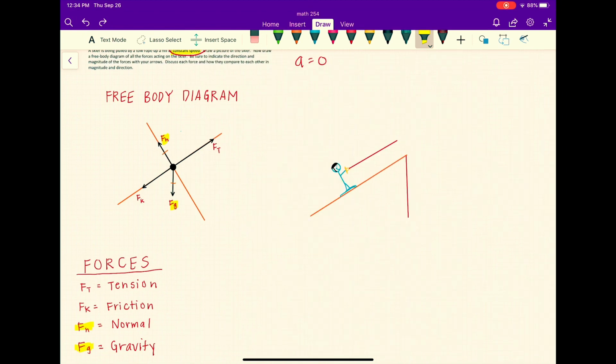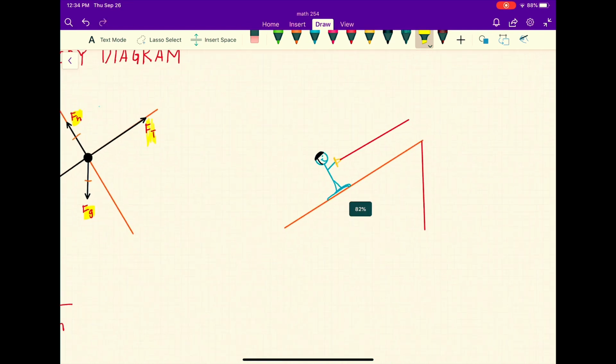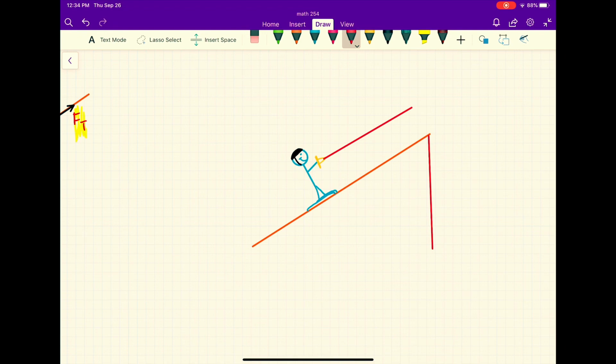The next two forces we will be focusing on are the force of tension and the force of friction. Looking at our picture, we can see that the force of tension is moving in this direction, and that the force of friction would be moving in this direction.